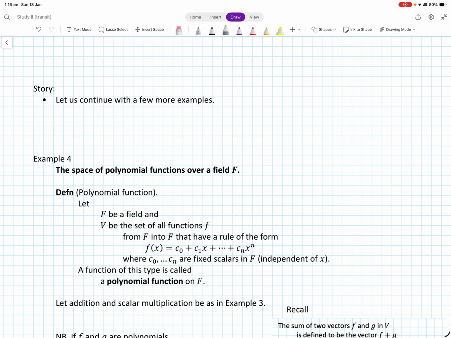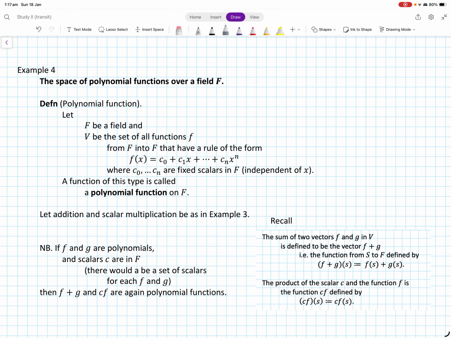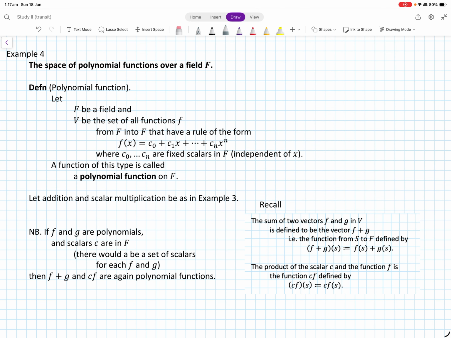All right, so let us continue then with a few more examples. The next example is the space of polynomial functions over the field F. Okay, so a polynomial function is defined as follows. Let F be any field and V be the set of all functions f from F to F that have the following form. It's going to take an element in the field F and produce an element in the field F again, and it has to necessarily have the following form.